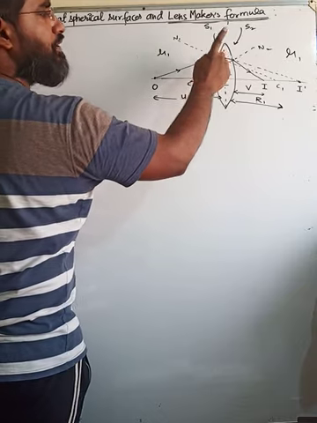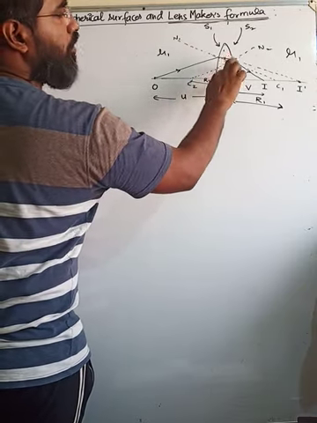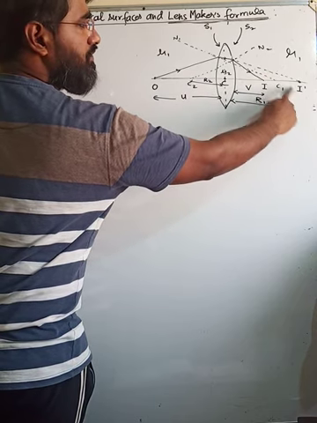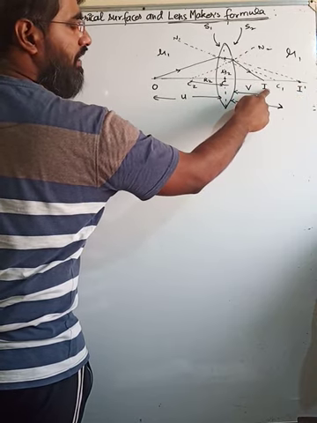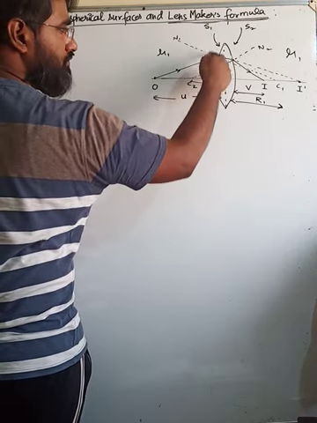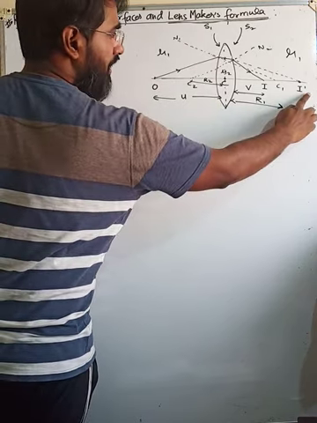Now for surface number 2, where is the object? For surface number 2, the object is here, I dash. This is the object for surface number 2, and the image is formed here at I. So for surface number 1, the object is at O and the image is formed at I dash.